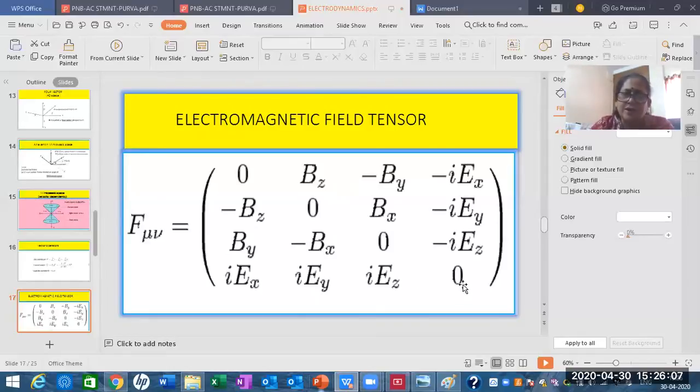So the 4th row is electric and the 4th column is electric, and the remaining part of the matrix is all about the magnetic field. That can be calculated one by one in the next part of the PowerPoint presentation. So this whole matrix is represented by the notation F subscript mu nu. Mu is a row variable and nu is a column variable.